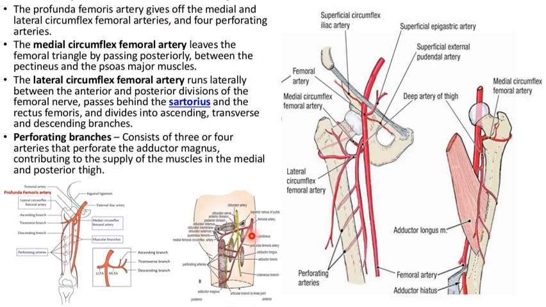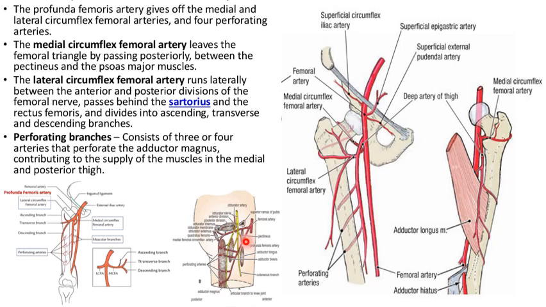So initially, the profunda femoris in the femoral triangle is between the pectineus and adductor longus, and then it is between the adductor longus and the adductor brevis posteriorly, and lower down it is between the adductor longus and adductor magnus, which is posterior.